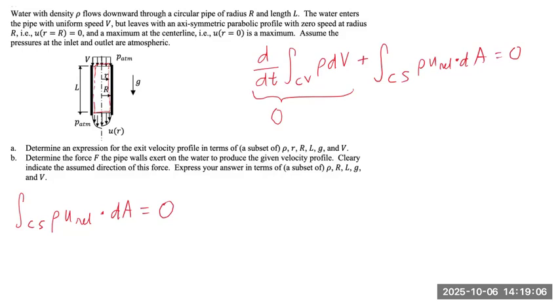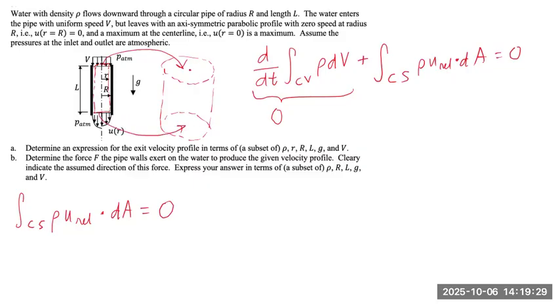So we note that we have two places where there is velocity entering or leaving the control volume, and our control volume is basically a cylinder. This corresponds to this face, and this one corresponds to that face.